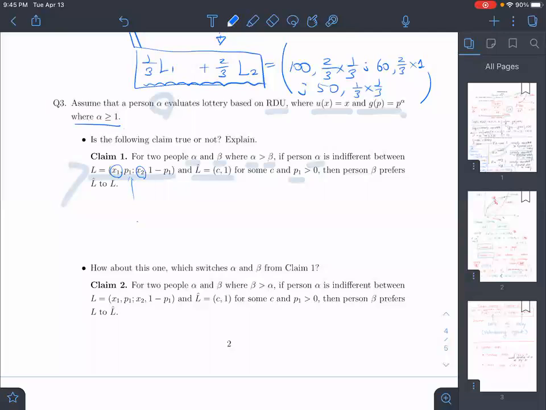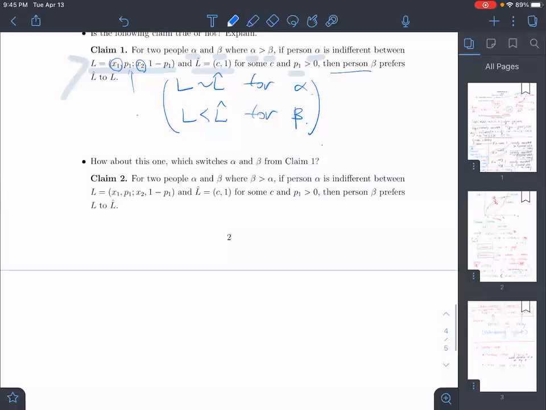If L is indifferent to L hat for person alpha, then person beta prefers L hat to L. I don't have much time left, so let me just tell you the answer. It's true. So let me start from here.